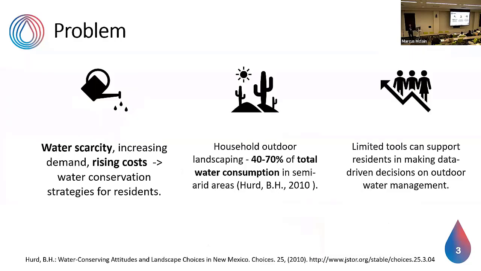I want to introduce you to the problem. As we already know, here in El Paso we have a lot of water scarcity, and the increasing demand is raising the cost of water. So we need water conservation strategies, specifically aimed at residents. Between 40% and 70% of total water consumption of a household in the El Paso area is specifically for landscaping.